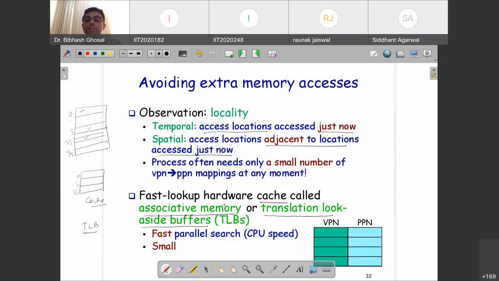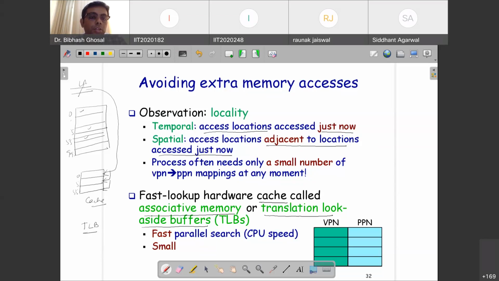What is the idea of associative memory? It's a memory in which all the locations are compared at the same time, that is, in parallel. If a logical address is generated, the page value is calculated from this logical address, and that is used to compare with all of the entries at the same time.